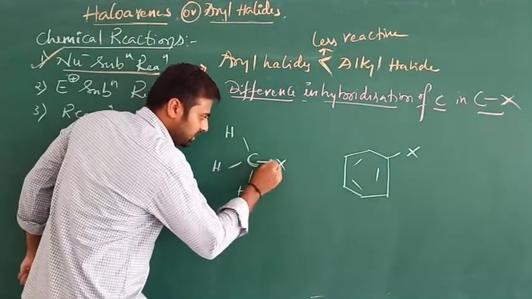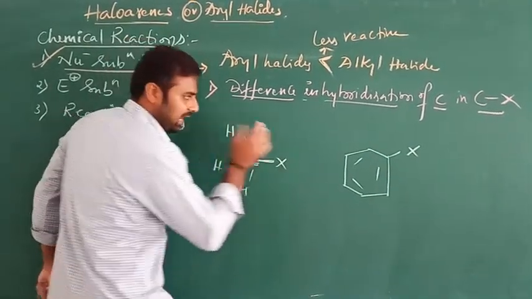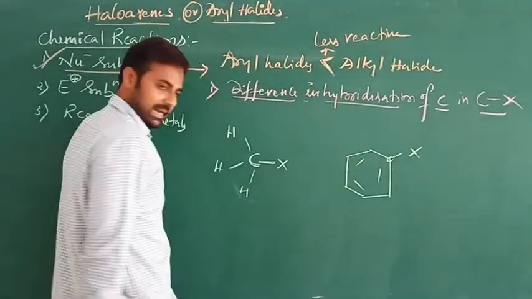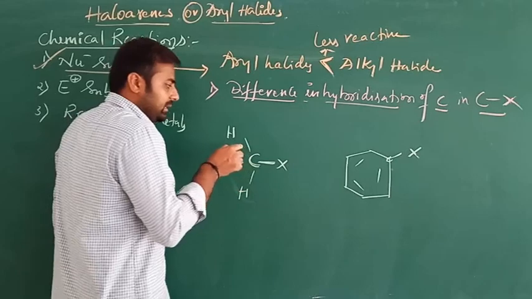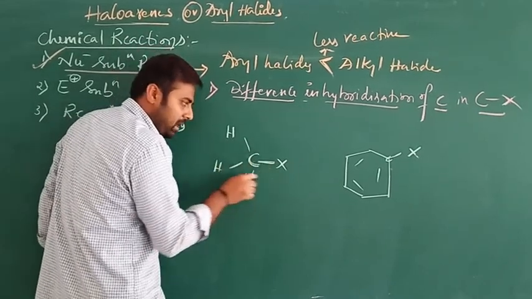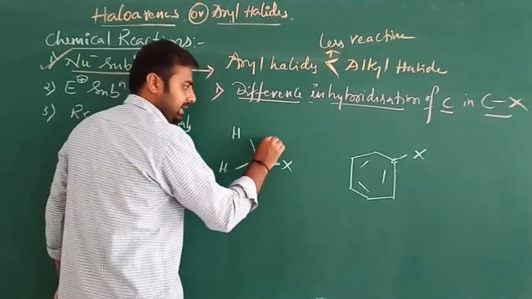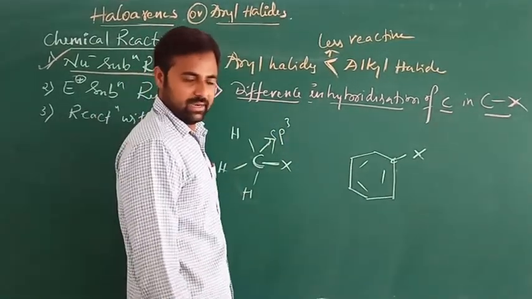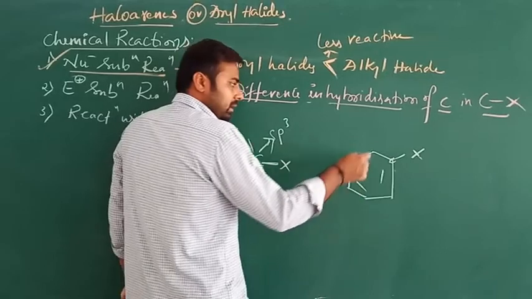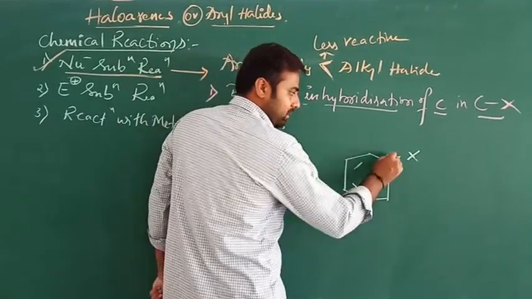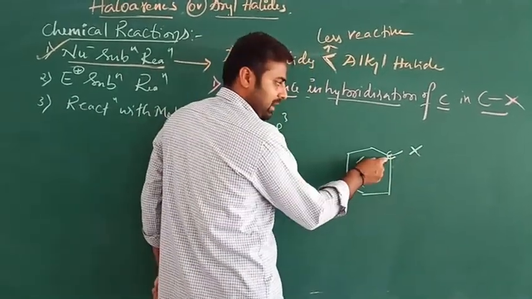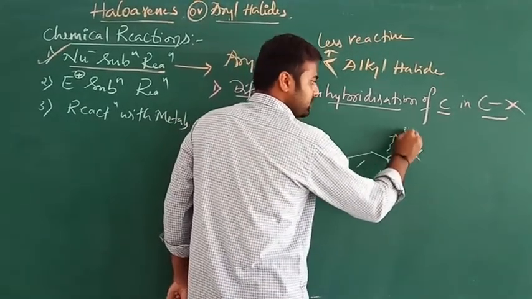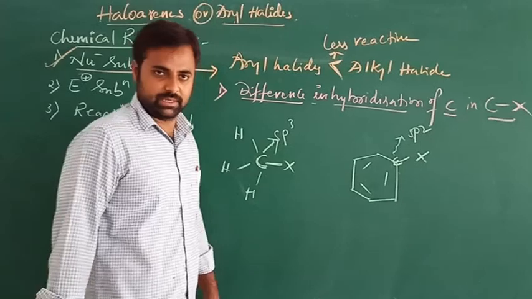This is the C-X bond in the alkyl halide and this is the C-X bond in the aryl halide. The carbon in the C-X bond of the alkyl halide is sp3 hybridized. We have already studied that. In the aryl halide, the carbon in the C-X bond is sp2 hybridized.